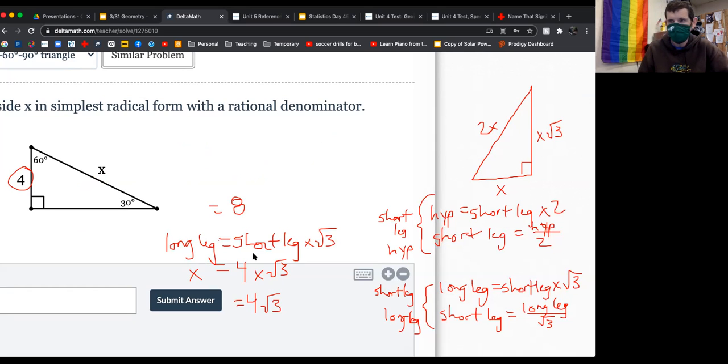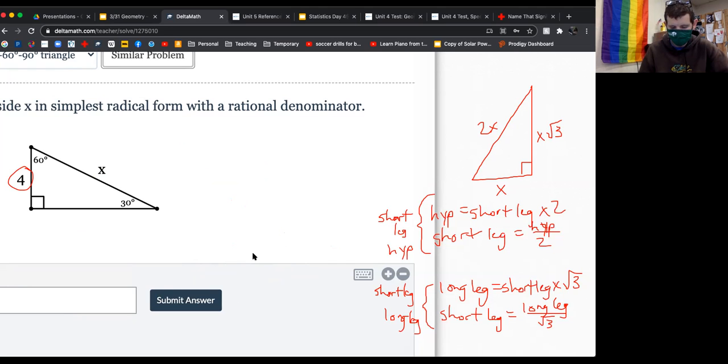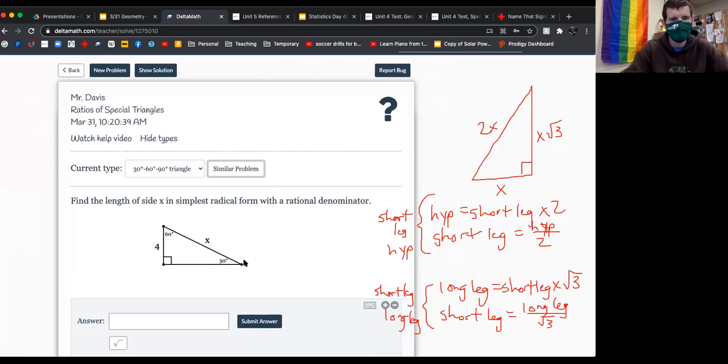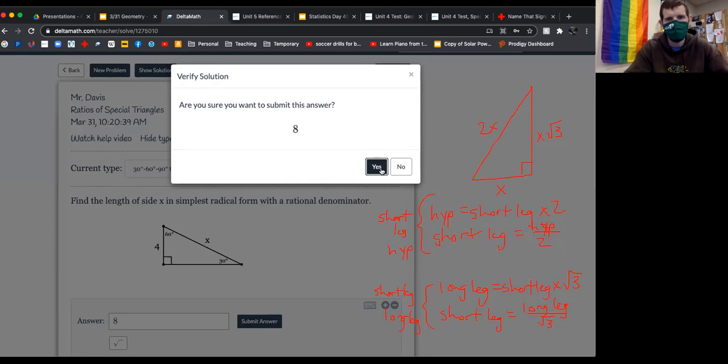Basically, if you're trying to solve for the long leg and you know the hypotenuse, you do have to solve for the short leg first. So we'll definitely go through an example like that. It's a good question. But I'm going to just plug the 8 in. In fact, I'll find a question like that next. These are randomly assigned. You already know that. So we'll just keep going until we find a good question to answer.